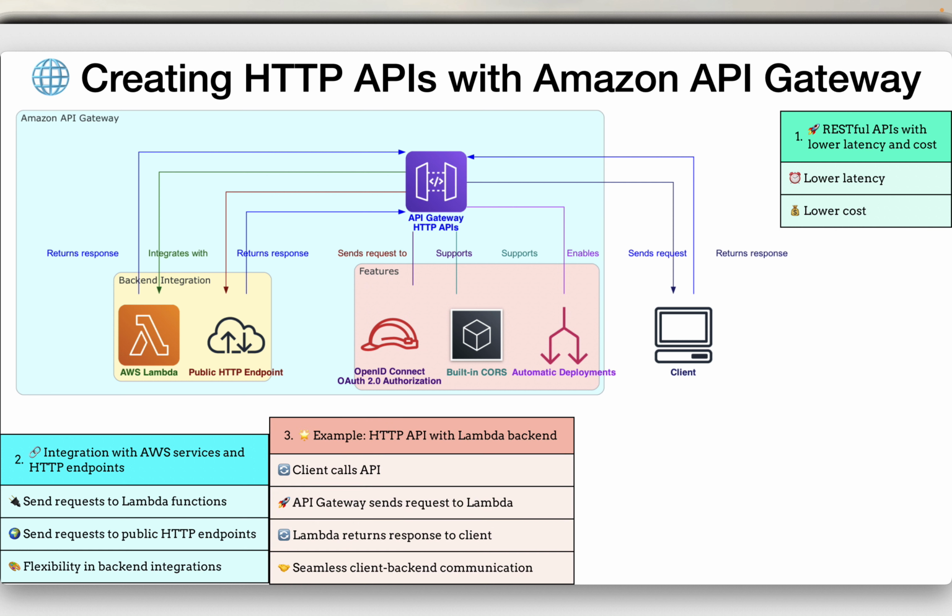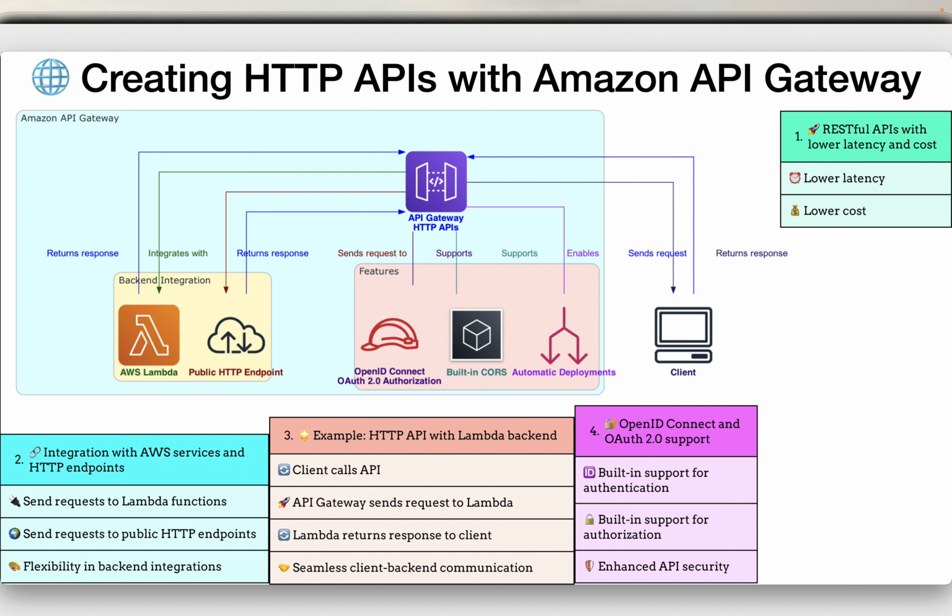A common use case is creating an HTTP API that integrates with the Lambda function on the backend. When a client calls the API, API Gateway sends the request to the Lambda function and returns the function's response to the client, and this facilitates seamless communication between the client and the backend.